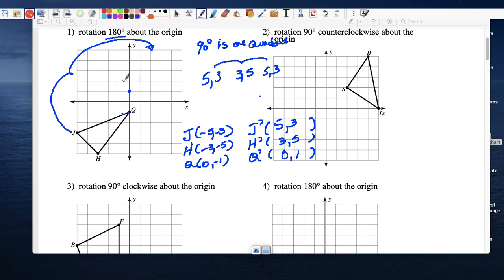So let's plot the numbers. 5 and 3, point J, 5 and 3, J prime. Point H is 3 and 5, H prime, sorry. And point Q, 0, 1, which is right here. If you connect the dots, you'll see the rotation 180 degrees, which is in the opposite direction. So that's pretty much it.